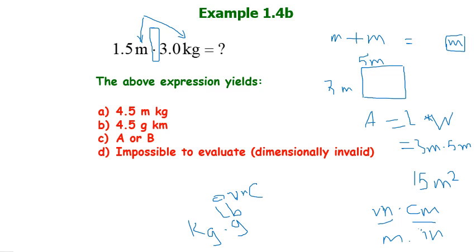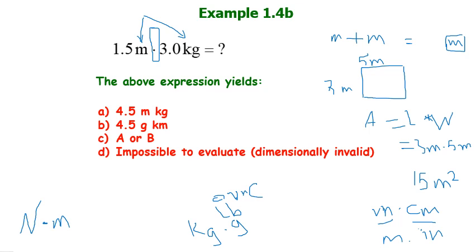We have to convert one to another. But if we have a different quantity, like force, Newton, times length, meter, we can multiply them.